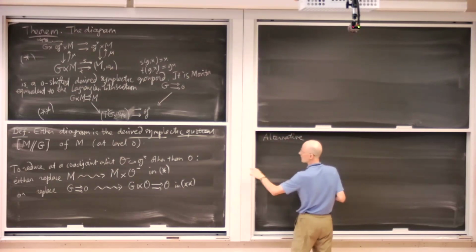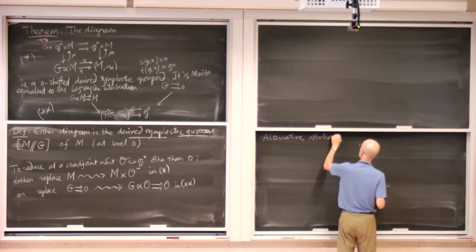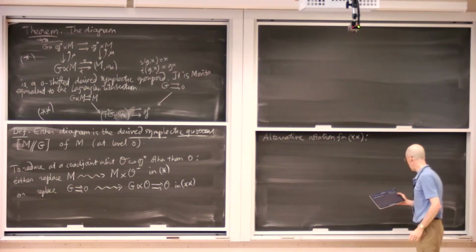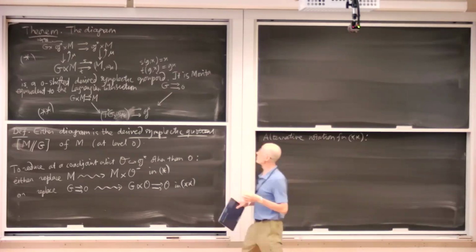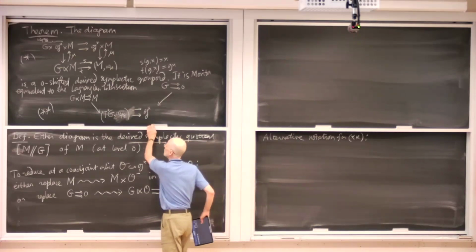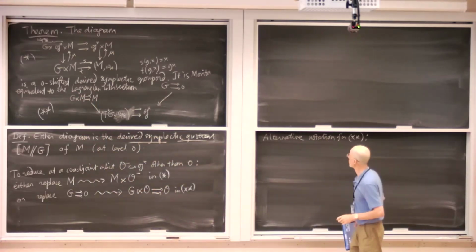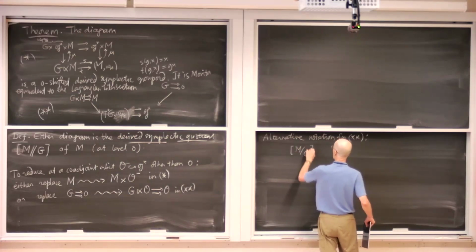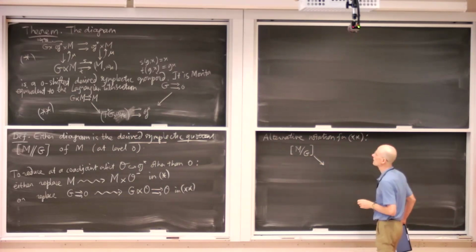So let me write that second diagram a little differently. Groupoids represent stacks. An action groupoid represents the quotient of the manifold by the group action. That's the left leg.